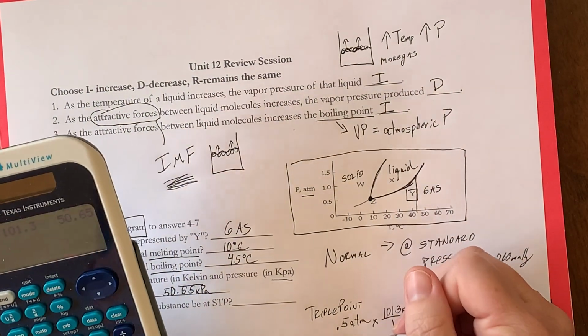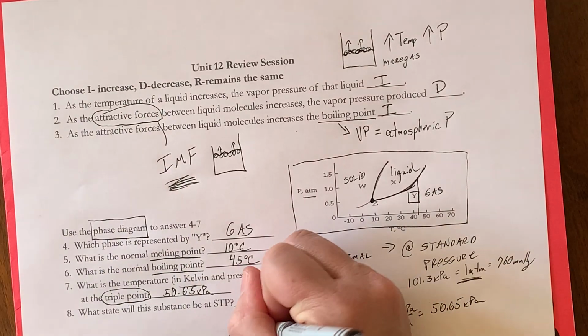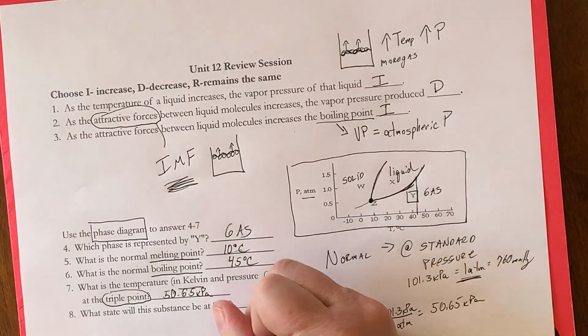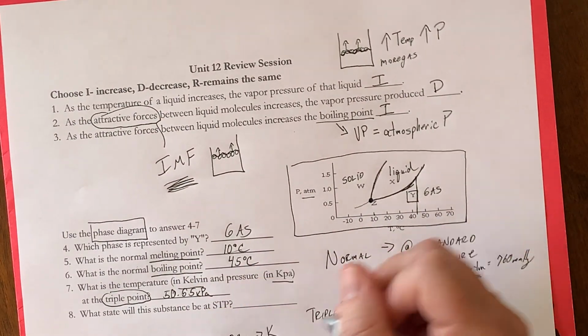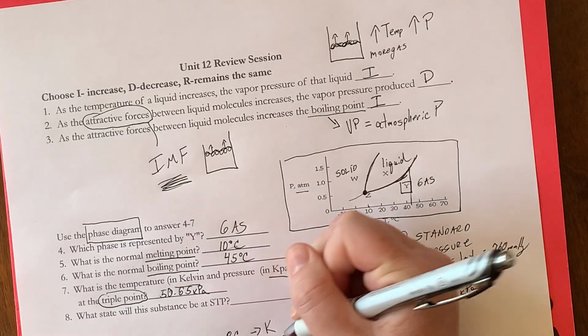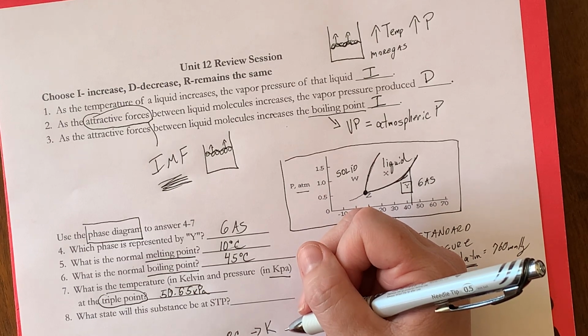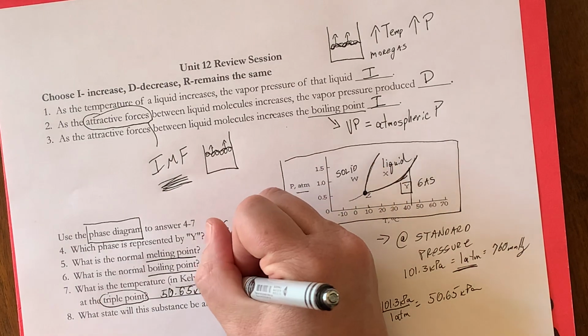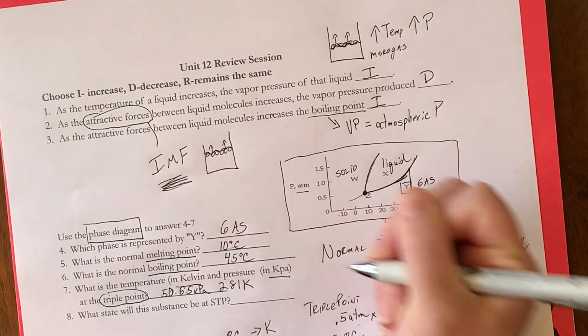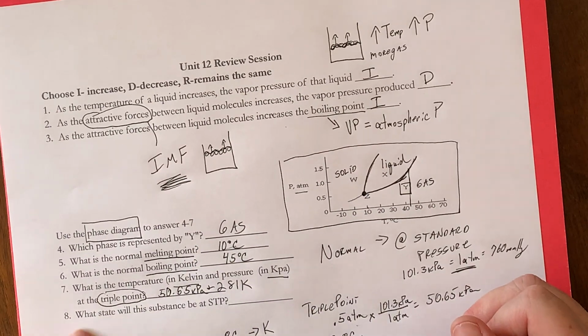And then for temperature, remember to go from Celsius to Kelvin, you're just going to take that Celsius temperature, which I have here is about 8 degrees. You're going to add 273 to it, 8 plus 273 is 281 Kelvin. All right, so there are your answers to number 7.